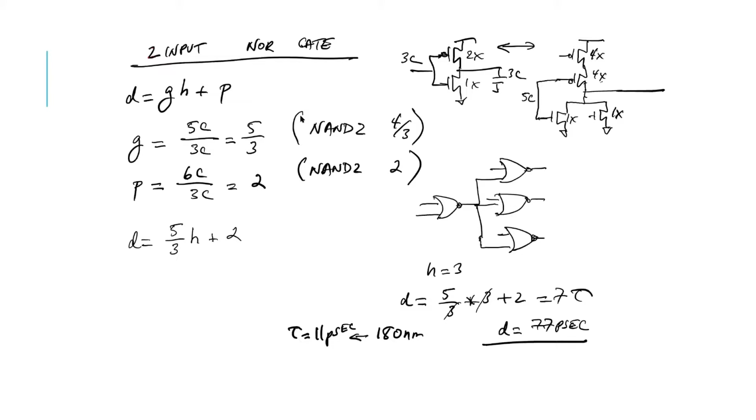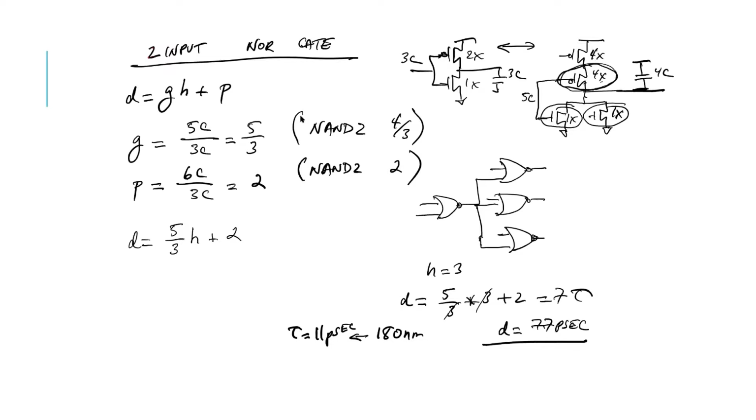Okay, so if we just start looking at this guy, this is basically what we have hanging off of this output node. We have this PMOS hanging off of that node, and we have this NMOS, and this NMOS. The PMOS, we made it 4 times wide, compared to a 2 times wide, but anyway, it's 4 times wide to have the same resistance, so it'll have 4C going to supply.